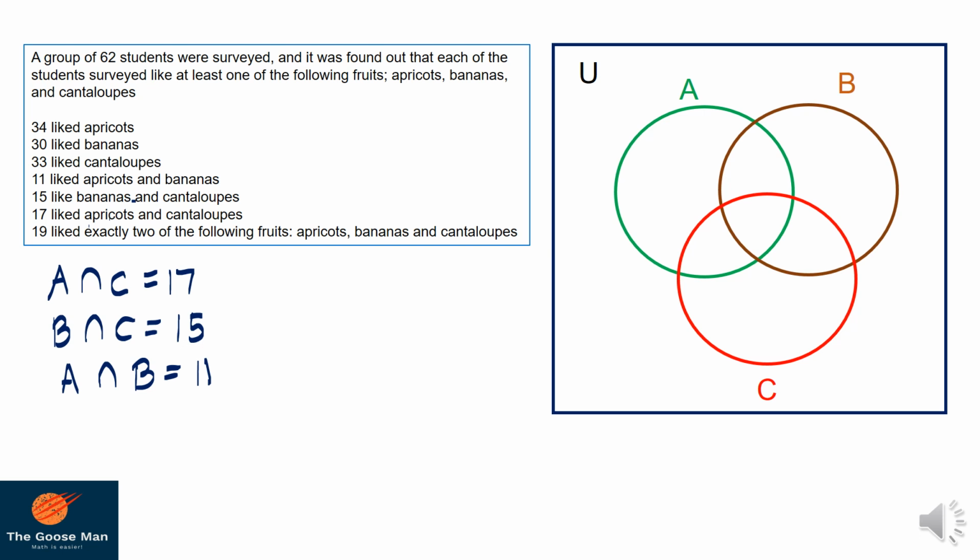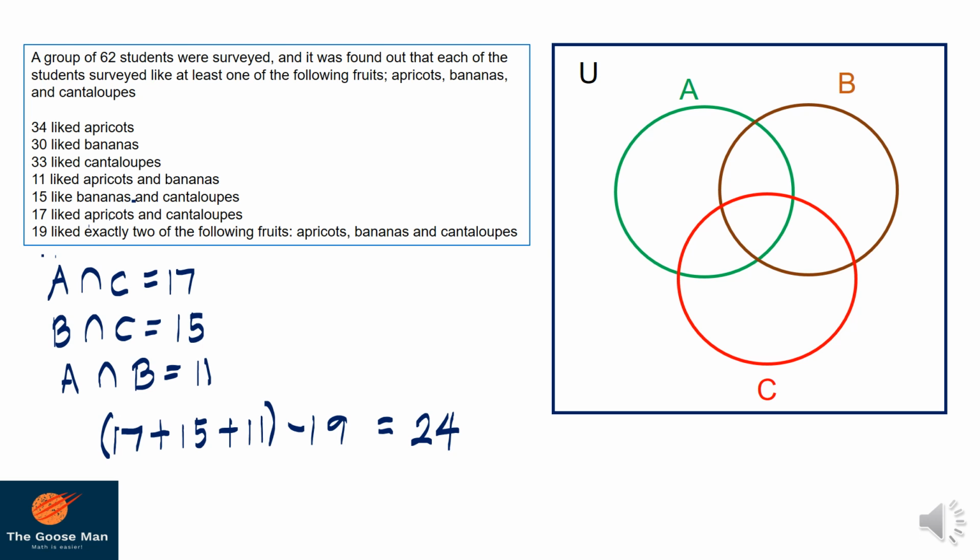So let's work on this one. If we add 17, 15, and 11, this gives us 17 plus 15 plus 11, and we will subtract 19 because 19 like exactly two of the following fruits, so minus 19. This will give us 24.